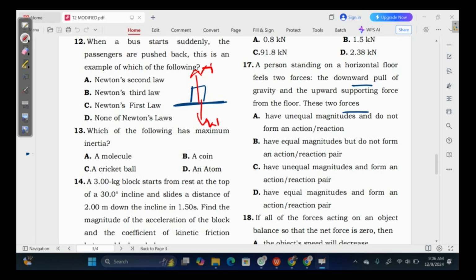These two forces, one thing we should understand, the reason why the object is not moving in the y direction is because the forces in the y direction are the same. The weight force and the normal force are supposed to have the same magnitude.